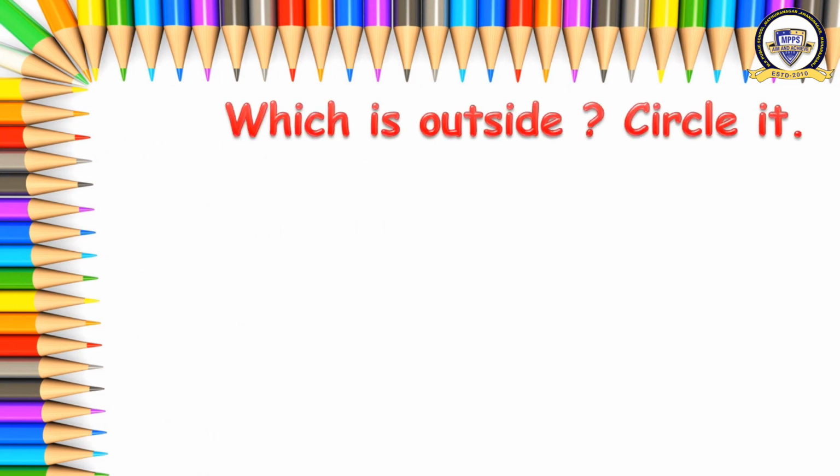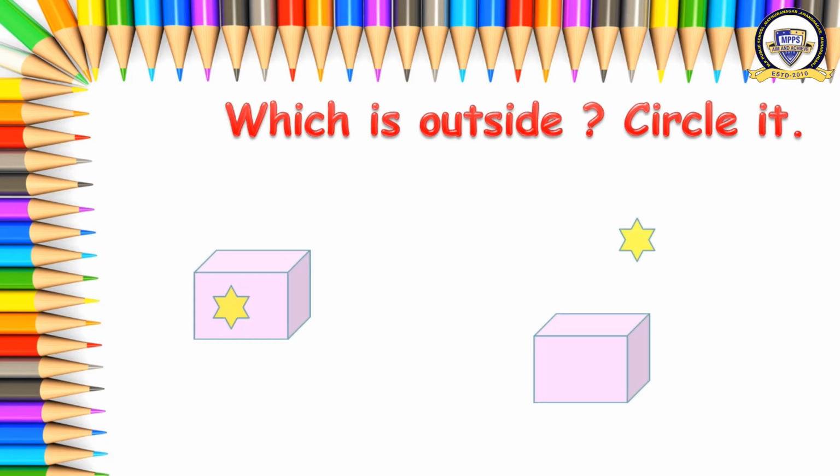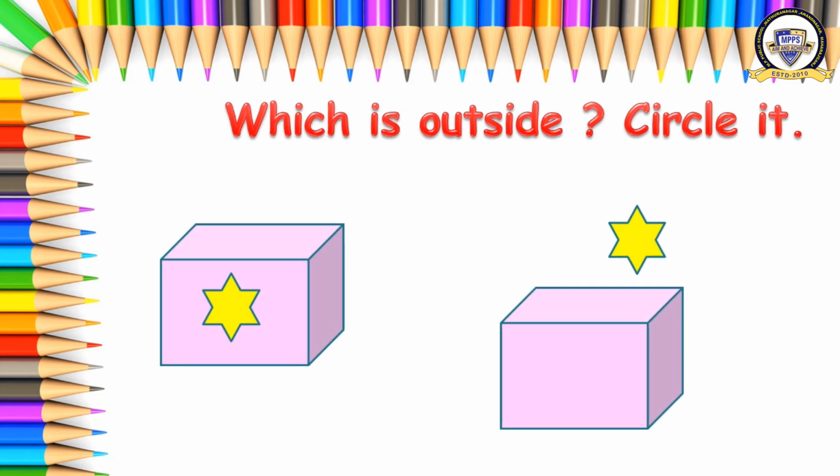Ready? Okay, next one. What is the next one? Which is outside. You have to mark the outside picture. What is outside? You have to see the picture. What is the picture? There are two boxes and two stars. Right? Okay. Which one is inside? You tell me. First or second?